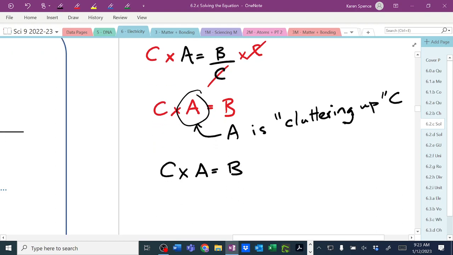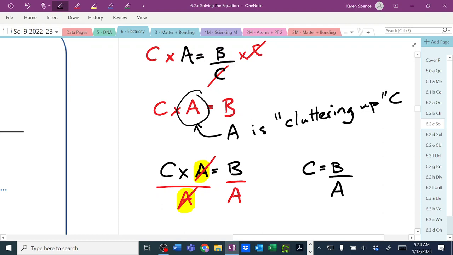How are we going to get rid of the A on that side? We can divide both sides by A. Okay, and now we have an A on the top and an A on the bottom, so those two will cancel out, and you will be left with C is equal to B over A.